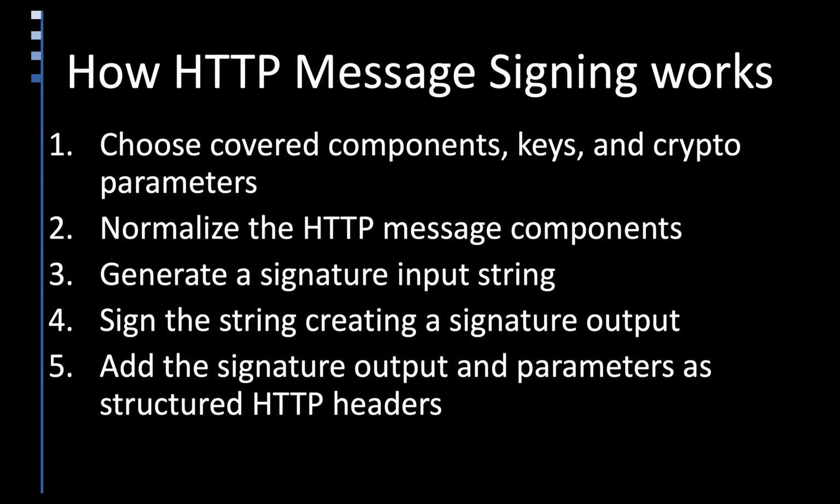Are you signing the request URI? What keys are you going to sign it with? What algorithm are you going to use to sign it? You need to choose all of those going into the message signing. This is not something that's going to hand you all of those pieces and say, do these bits. It is up to the application to decide what those parameters are.